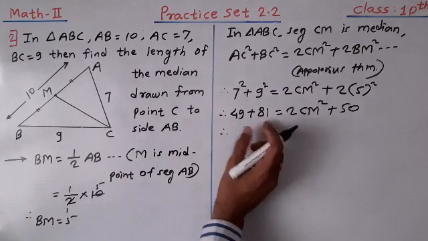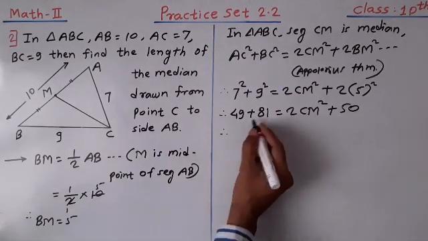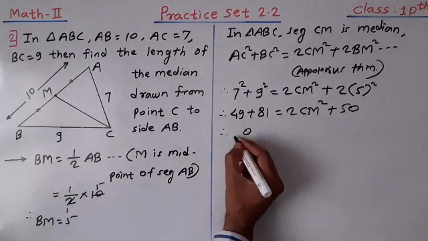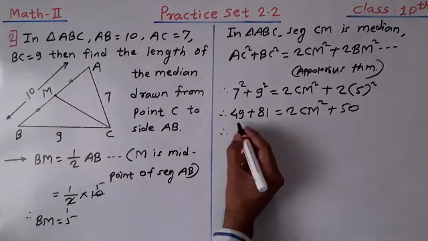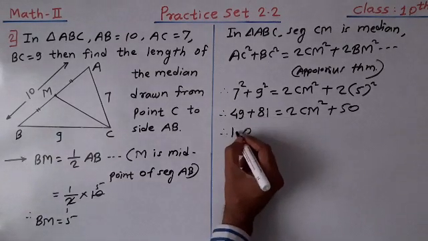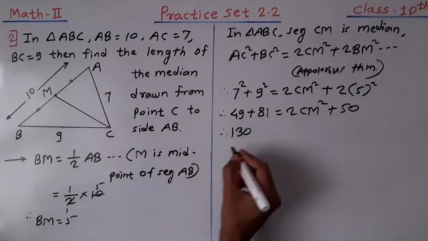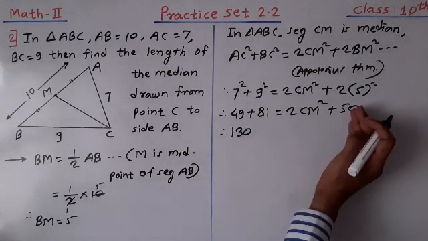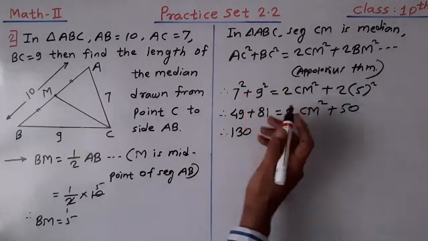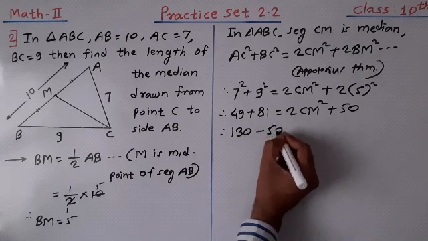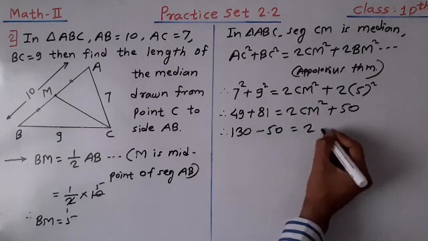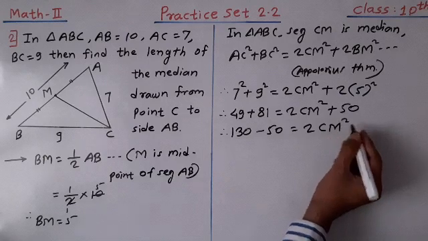First we are going to add these two numbers. 9 plus 1 is 10, carry 1, 5, 8 plus 5 is 13. So this addition is 130, and if we shift this plus 50 to the left hand side, it becomes minus 50, and the right hand side will be 2CM square.